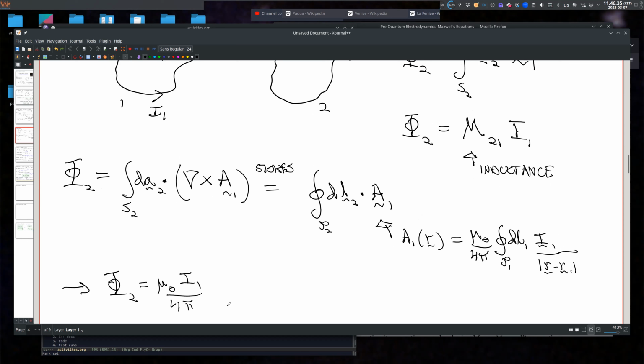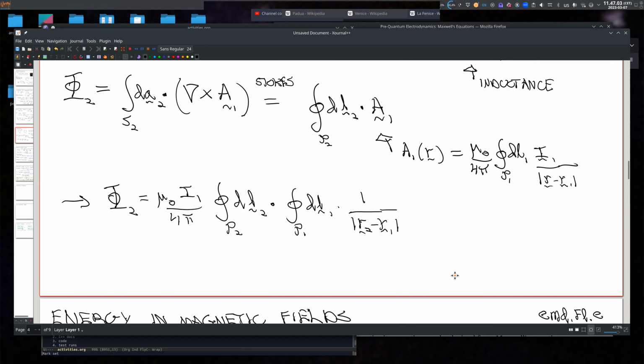And now I've got the integral over path P2 dL2 dotted into the integral over path P1 dL1 of just 1 over R2 minus R1. Okay, taking out the stuff from the integral.